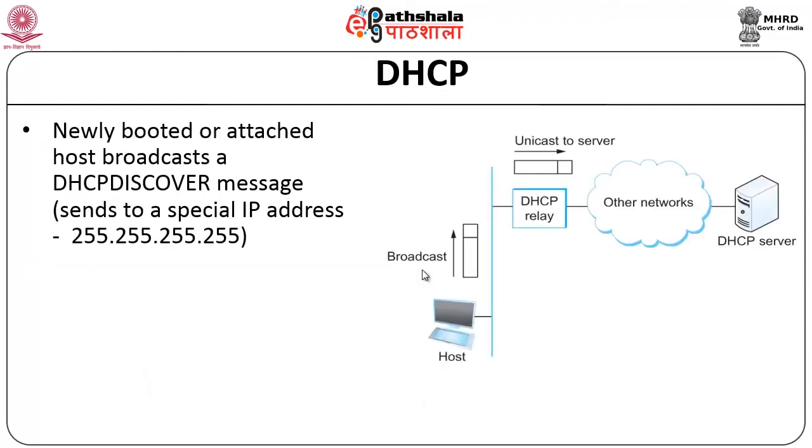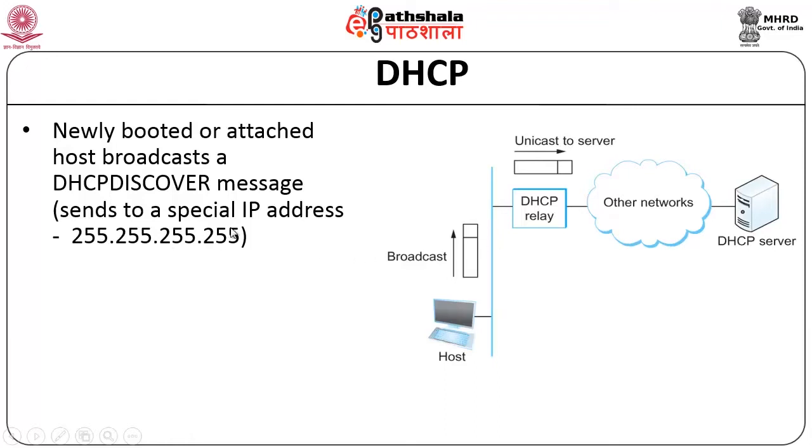Now let's look at how exactly this will take place. The typical situation is that you have a host connected to a network. You may have a DHCP server directly on that network, or it may be connected through a DHCP relay. That is, I may have a DHCP relay on the network, and this relay in turn is connected to a DHCP server. When a host sends the DHCP discover message, it sends it as a broadcast message.